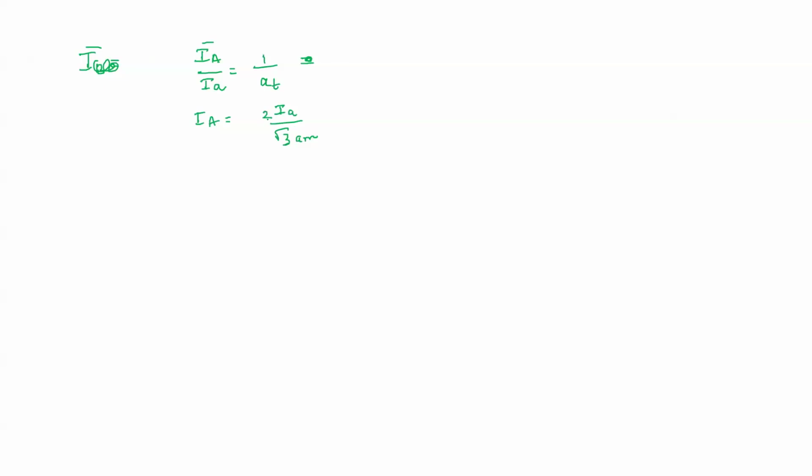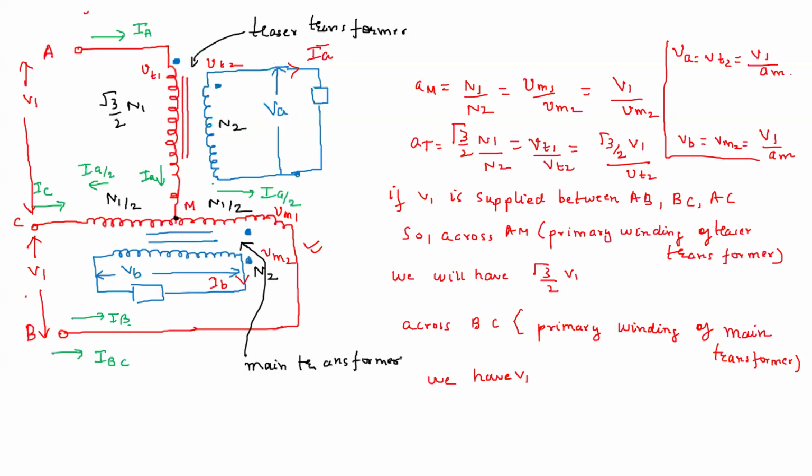This is the magnitude we get. This is the relation between small ia and capital IA in terms of the turns ratio, root 3 by 2, N1 is to N2. We know that the current ratio is inverse, like if VT1 by VT2 is 80, then capital IA by small ia will become 1 by 80.